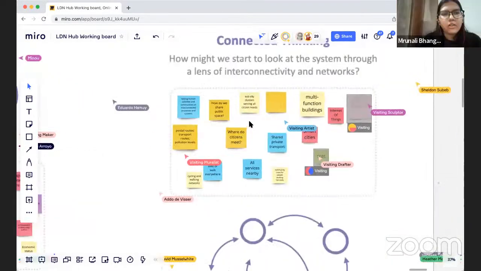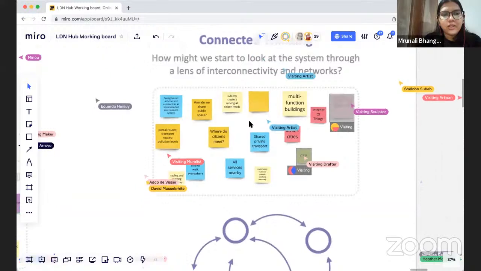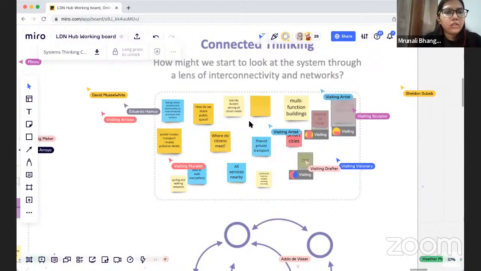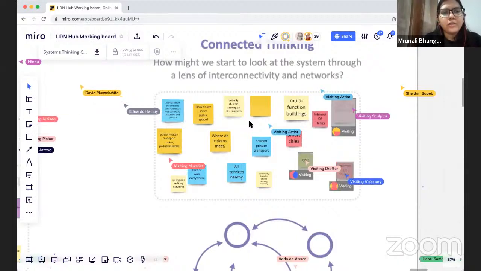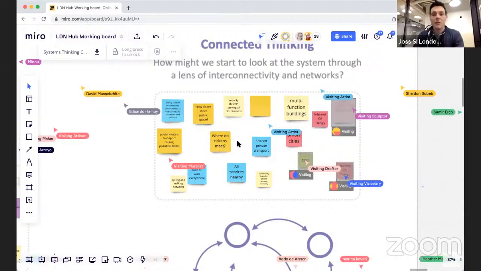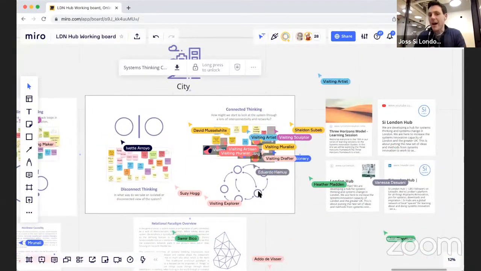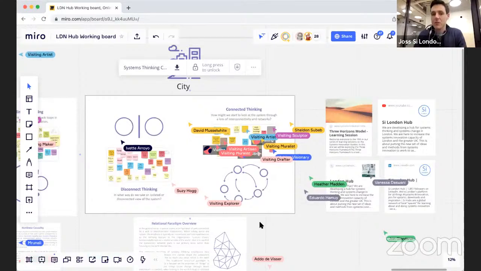Okay, great. We just got a third question. The question is, what is the difference between non-linear thinking and connected thinking? Connected thinking is about just the relationships, that there are relationships and you're looking at those relationships.